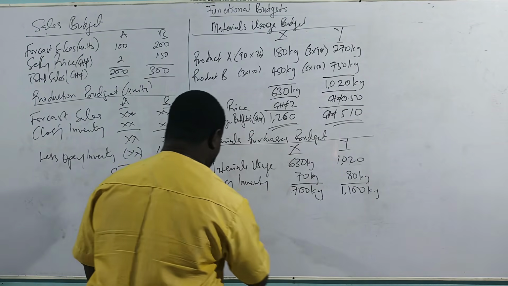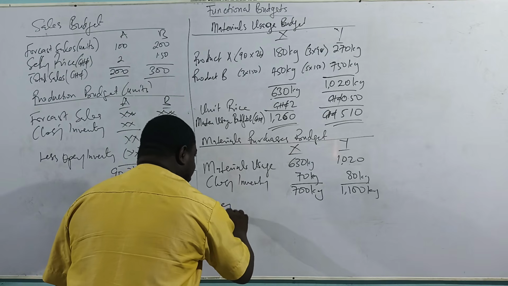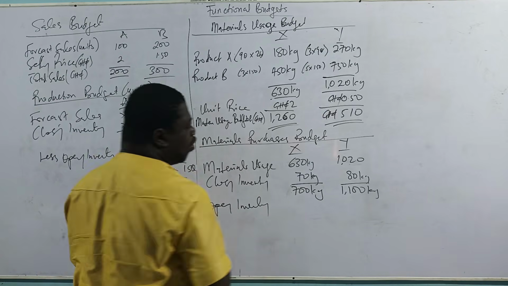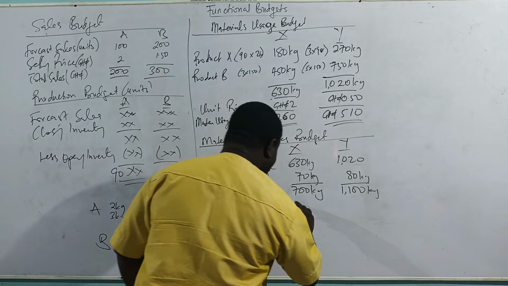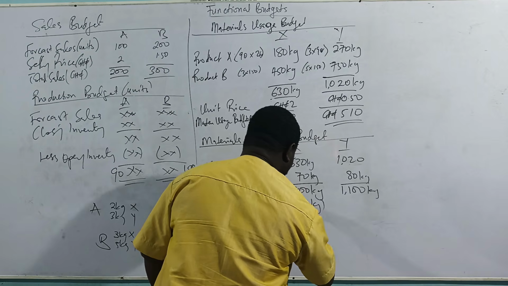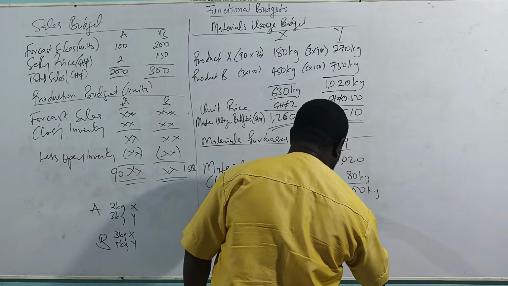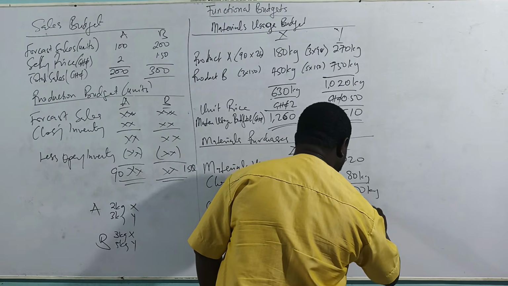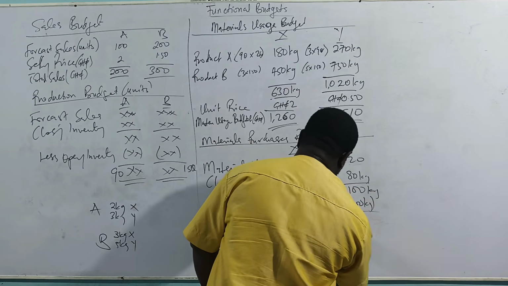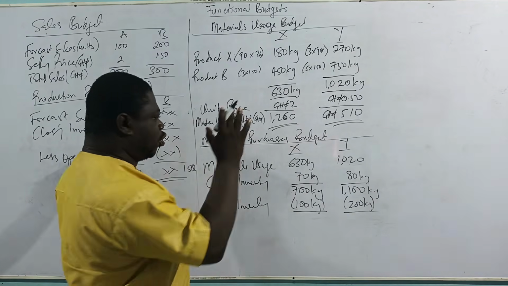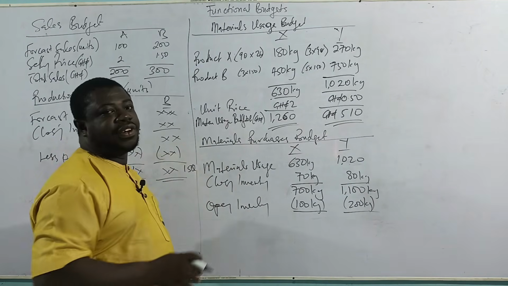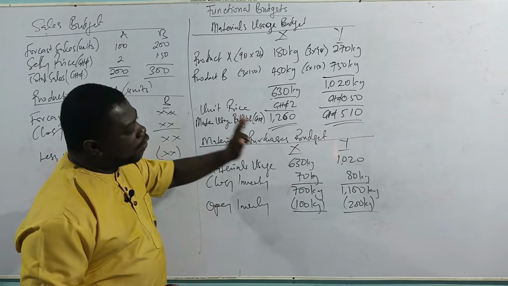And then from there, we less any opening inventory for the materials. So let's say we have 100 kg as the opening inventory in brackets, and then we have 200 kg here as opening. All these figures are imaginary. Instead of using the XXX for the format this time around, I want the figures to come in.